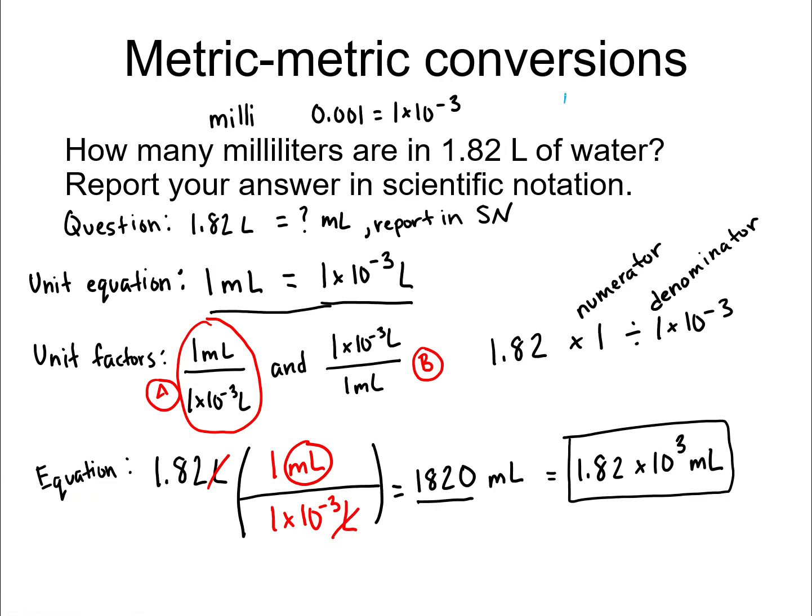If I had 1.82x times 1 over 0.001x, those x's will cancel.